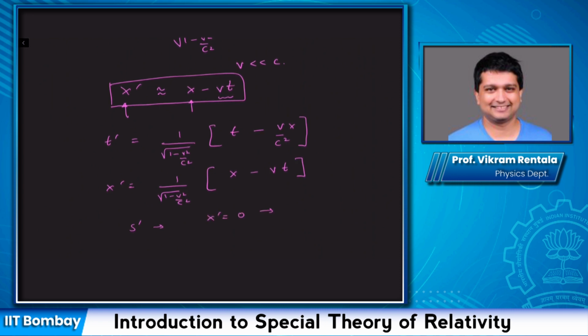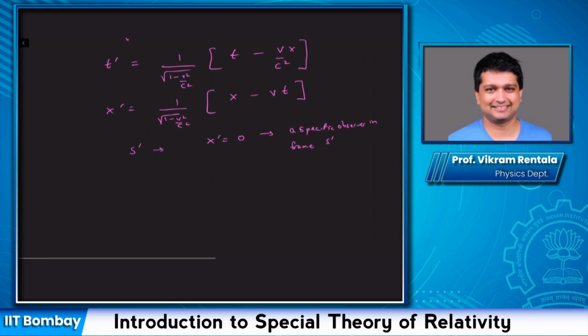Okay, let's take a specific observer in frame S prime, and we will ask what is t prime for this observer. For this observer, we'd have to invert these relationships. So first let's invert those relationships.